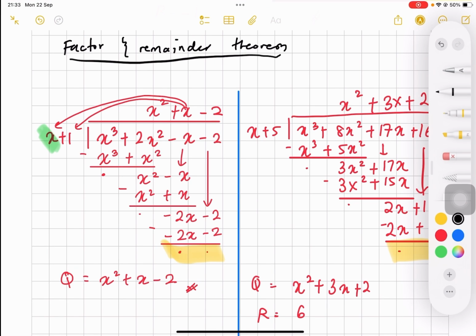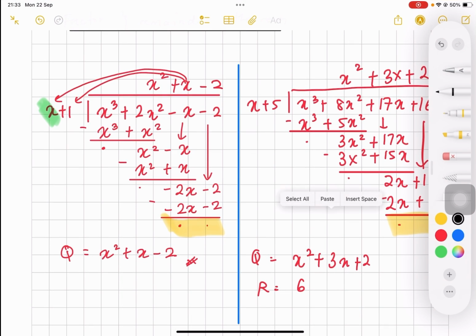The factor and remainder theorem says that if a polynomial of degree n, now it's degree 3, is divided by some linear equation, which for this case is x plus 1, we're going to focus on the left hand side, the quotient is a polynomial of degree 2.